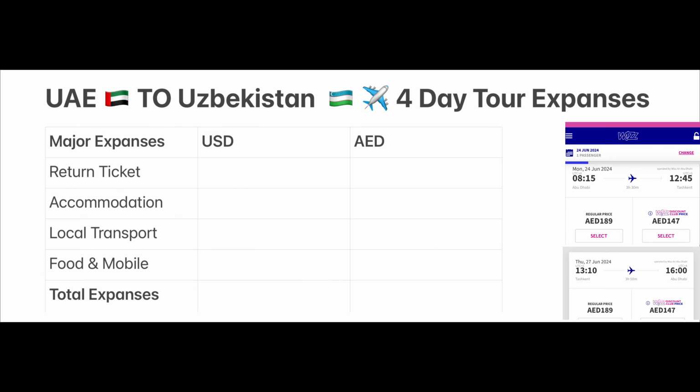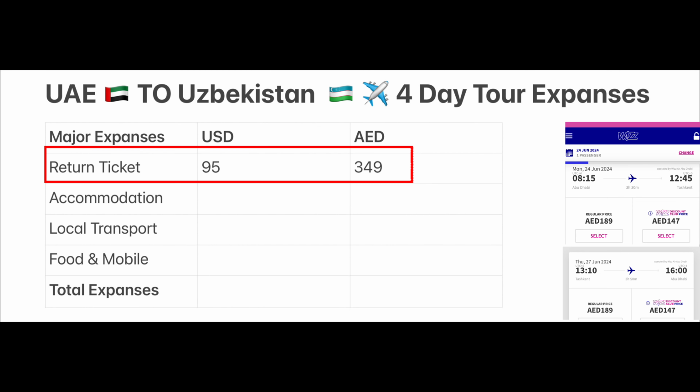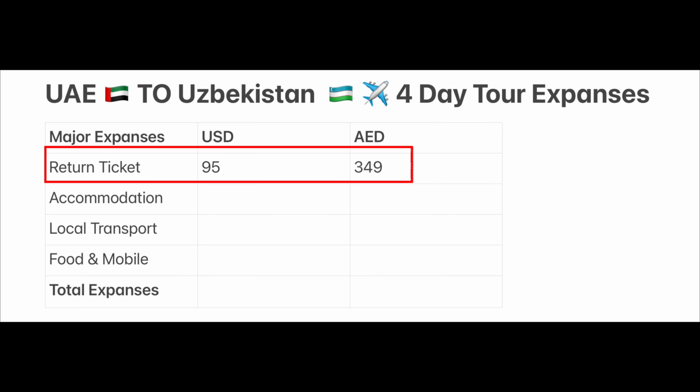As you can see, I have selected one date, and the ticket price of Wizz Air from Abu Dhabi to Tashkent, Uzbekistan and Tashkent to Abu Dhabi, you can get within 300 dirham. So the average price I have made here is 350 dirham, that is around 95 US dollars. So 95 US dollars for your return ticket.